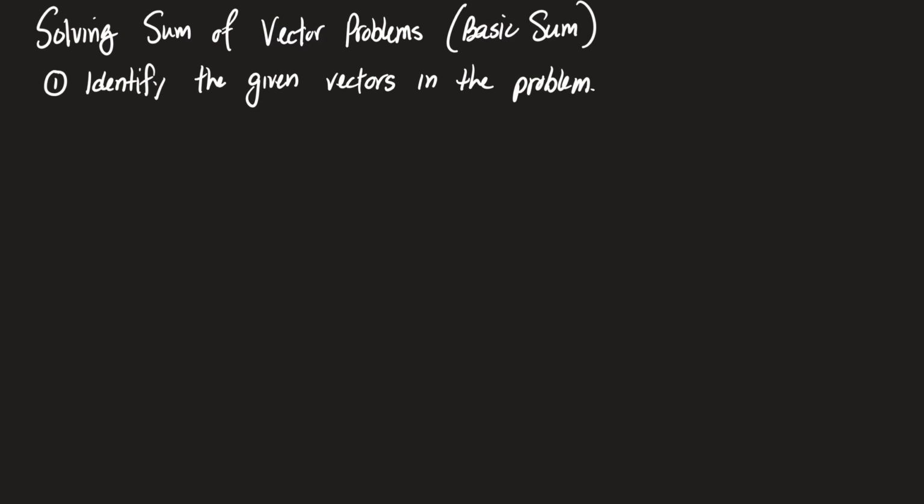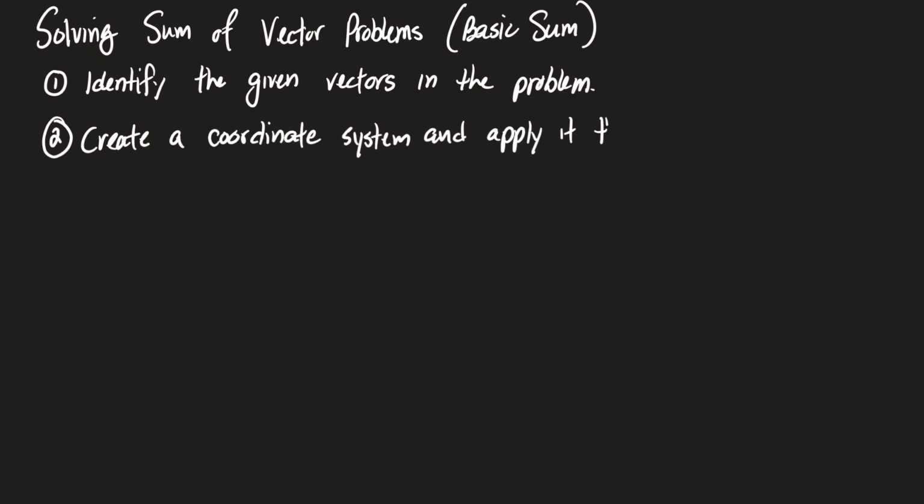All right. Step 2. You want to create a coordinate system that you can apply in the same way to both vectors. I say both, but you can add as many vectors together as you need to in your problem.